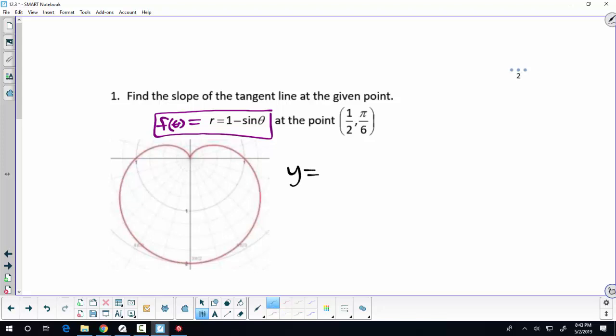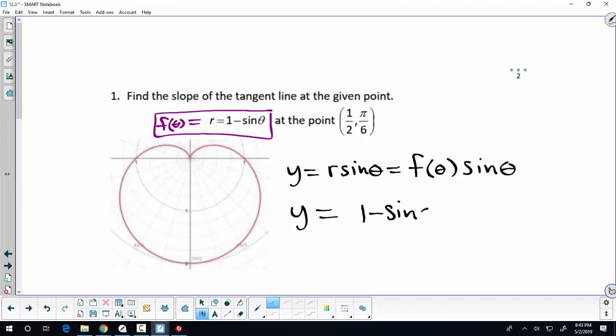Since y is r sine theta, y is f of theta times sine theta, and given f of theta here is this r, so y equals r times sine of theta, or f of theta times sine theta. Is everyone okay with what we've done there? If you just want to remember the formula, feel free. You don't have to go through this process.